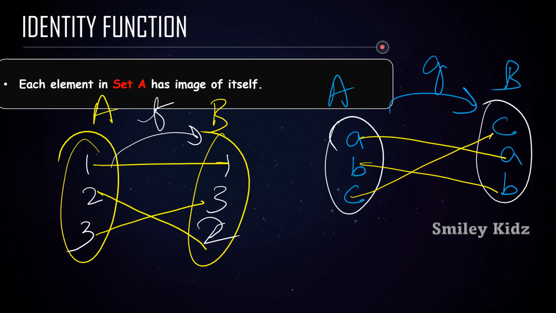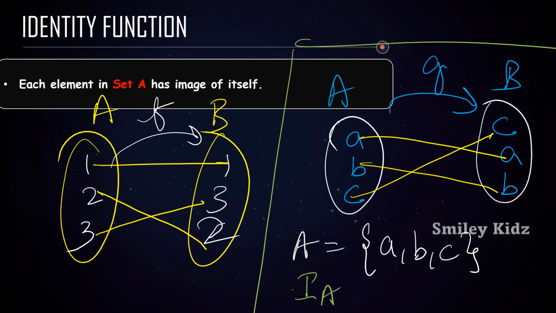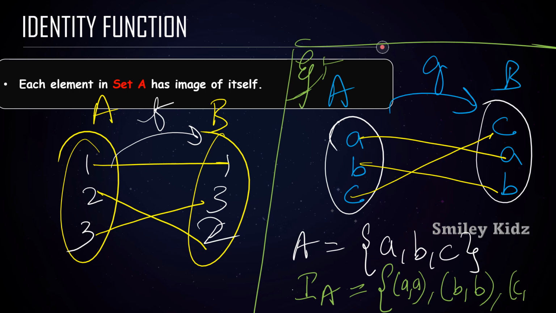Well, let's say A equals {a, b, c}. Here, the identity function, I'm talking about this example, everyone. The identity function of A is going to be in this manner: (a, a), (b, b), (c, c). Such a function is known as an identity function. You represent this in this manner.